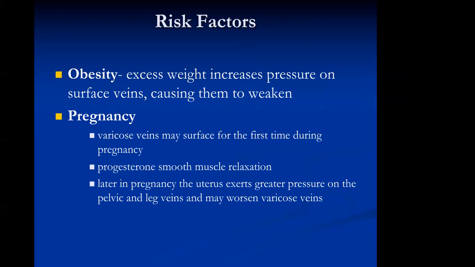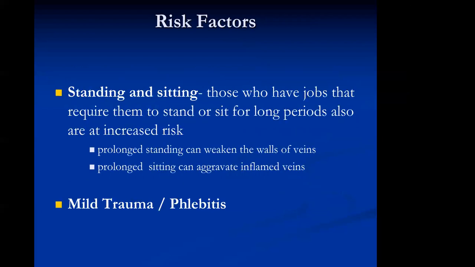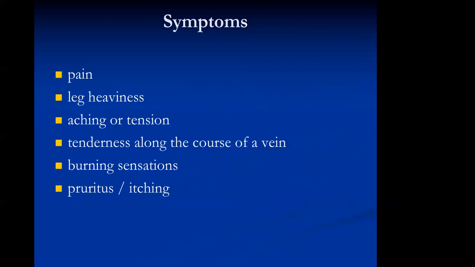So you'll see patients with obesity that do have a higher incidence of varicose veins. We talked a little bit about pregnancy. Prolonged sitting and prolonged standing are both bad for veins. So prolonged standing, it's just the gravity effect, and prolonged sitting, you're actually mechanically compressing the common femoral junction. Other things like trauma and phlebitis can also lead to earlier varicosities, or sometimes unusual presentations when patients have had trauma in this part of the leg before. You can get isolated varicosities there.